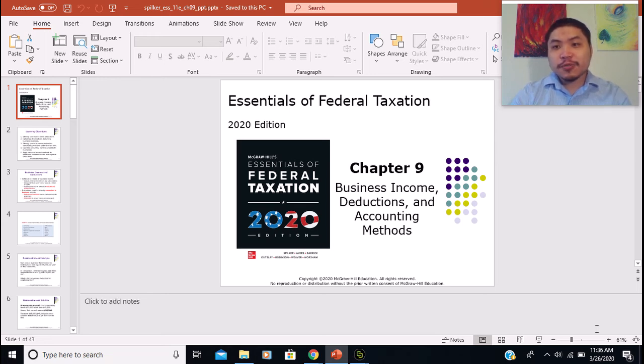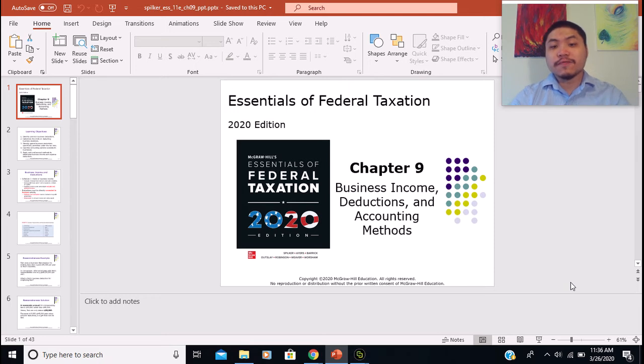So starting from these chapters is going to be a little bit different, and I hope this part of the class is going to help you guys make a good transition from individual tax to corporate tax. So I know in this class our focus is heavily on individual taxation, but the rest of this class we're going to talk about the income for business, mostly focusing on the business that are owned by an individual taxpayer.